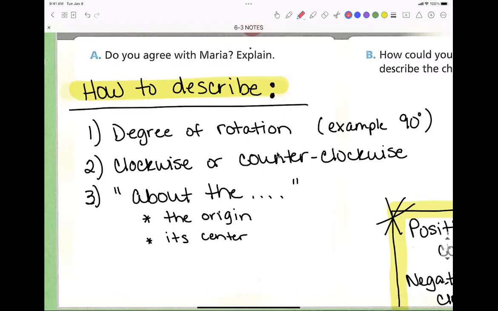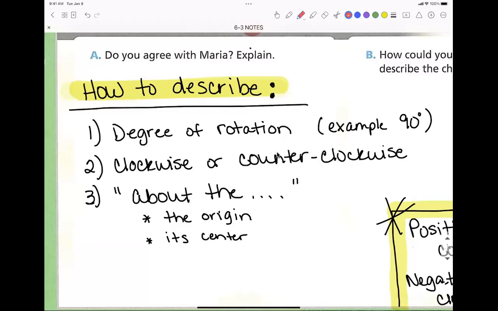Okay, so think about it like the pin idea, where whatever you're rotating about, that's where you stick the pin, and then your image rotates about that. If this triangle rotated about the center, and I'm just going to say this is the center, this is what I've got to hold on to, it would rotate like that.